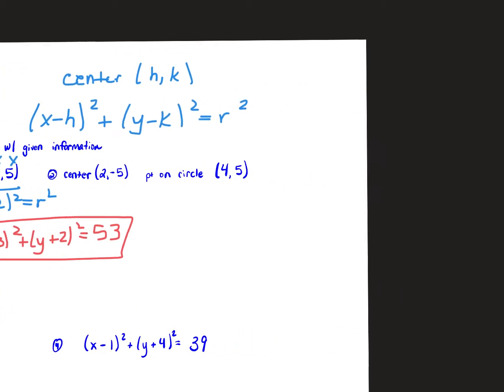All right, number 2, I'm going to scoot over a little bit. Number 2, again, they give you center and a point on the circle. So use the equation of a circle to figure out what the radius is first. So this is my h, my k, my x, and my y.